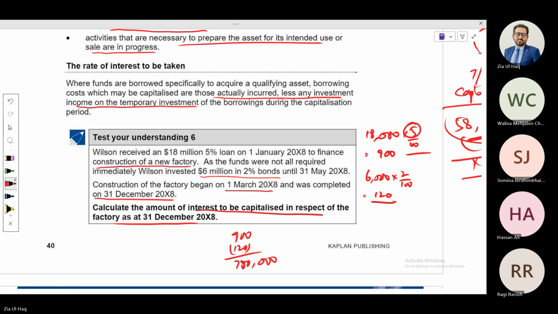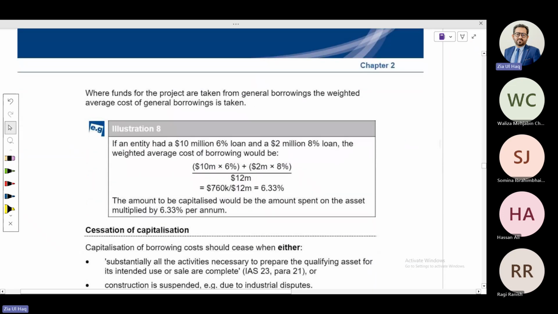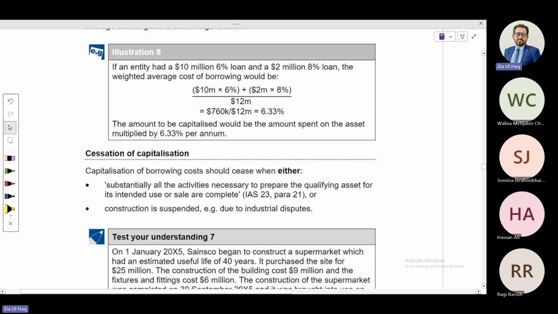But if there are many loans, how can we calculate the interest rate? Suppose an entity had a 10 million 6% loan and a 2 million 8% loan, meaning two loans with different interest rates, then we need to calculate the weighted average rate.